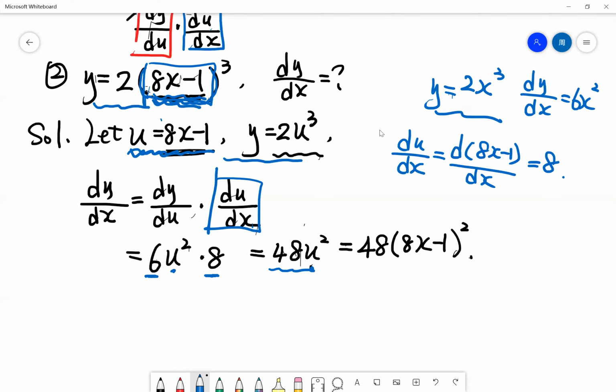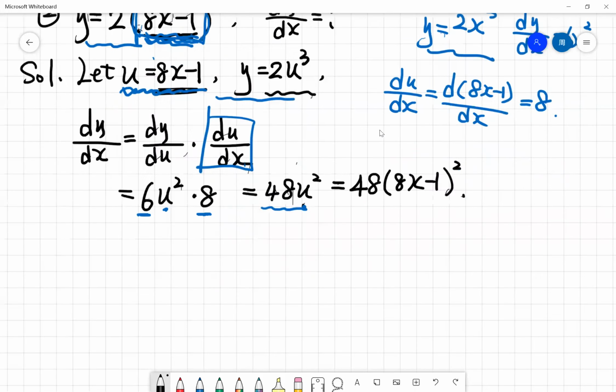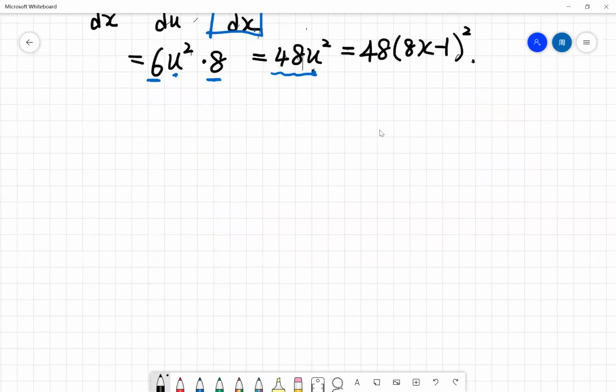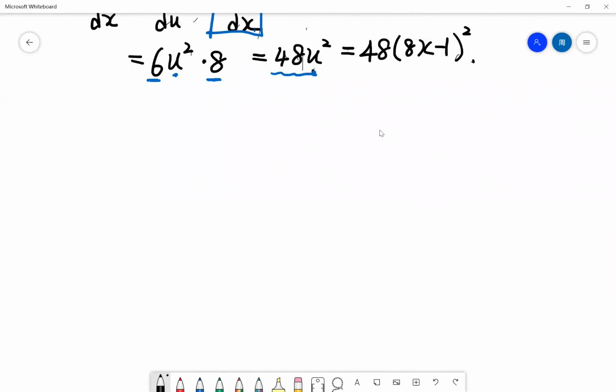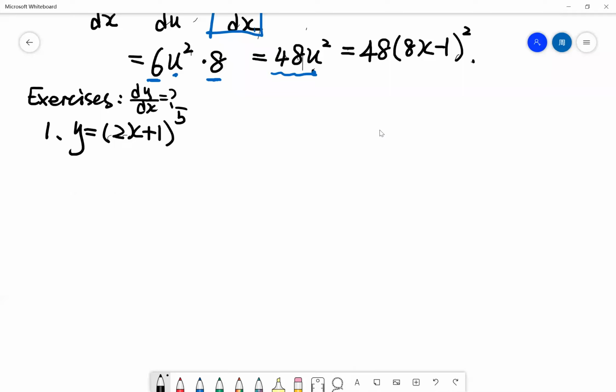I will give you some exercises so you can practice by yourself and check if you understand. The questions are all to find dy by dx.